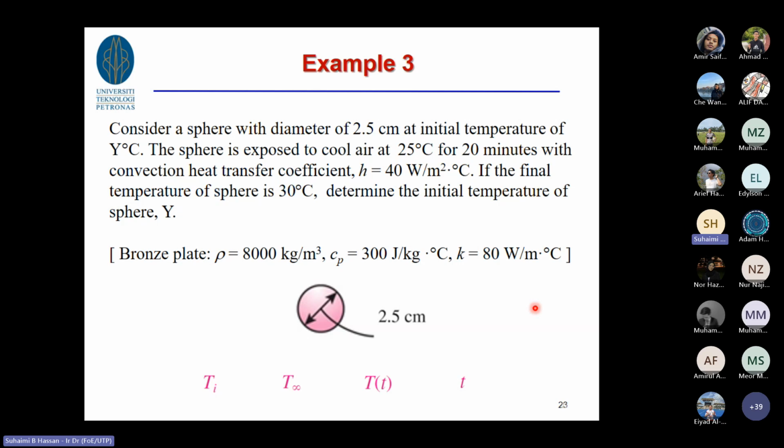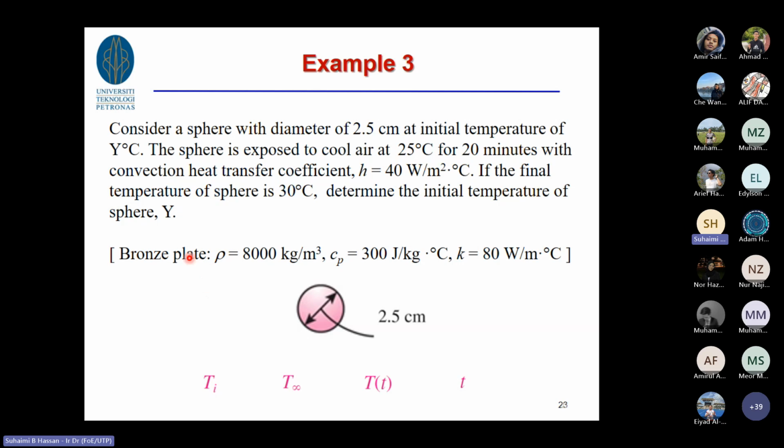Easy to determine the ambient because it's around. Any ambient temperature, they give either heating or cooling. 20 minutes is time. If the final temperature is 30, so the final temperature is TT. This one is T ambient, this one T, this one TI. Determine the initial temperature.